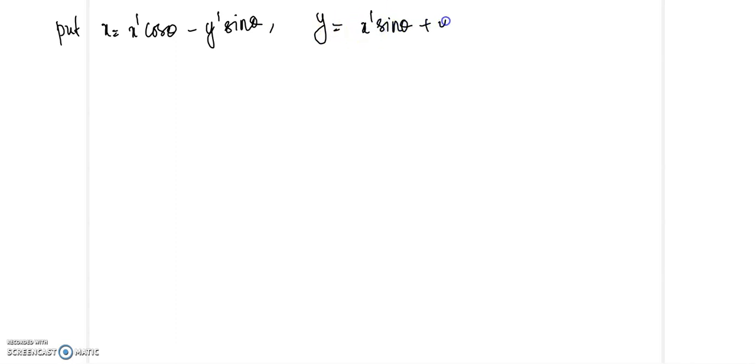Now x equal to x dash cos theta minus y dash sin theta and y equal to x dash sin theta plus y dash cos theta, and shifting the origin.